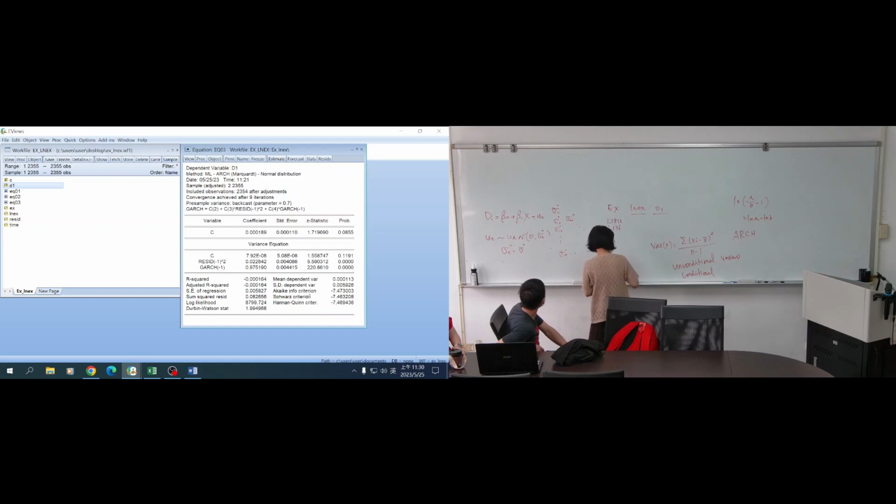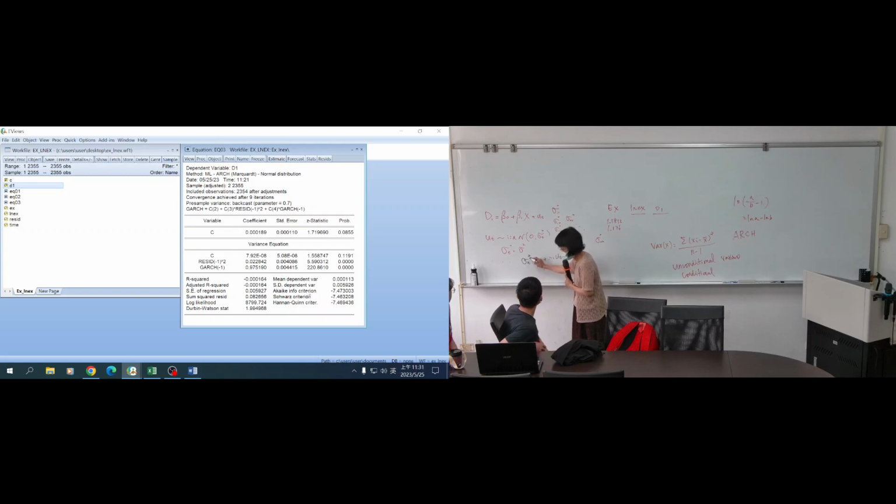Okay, so the ARCH one is just saying this one. Did I write it down here? Just saying that this is ARCH. Let me erase this part, okay? And u_t.